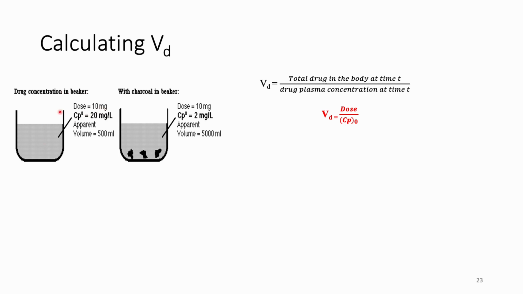The drug is distributed throughout the body, and you withdraw the blood and quantify the concentration of drug in the blood. The initial concentration is 20 milligram per liter. This means the maximum concentration you observe immediately after a dose is given.